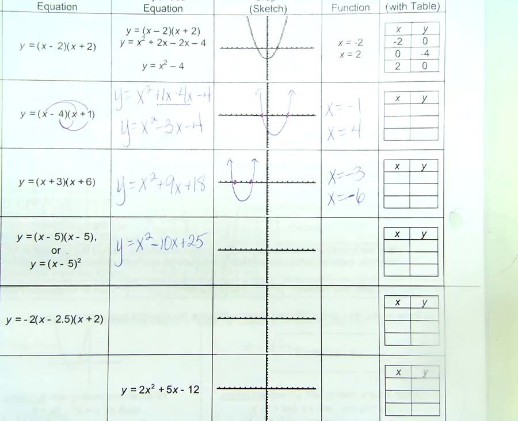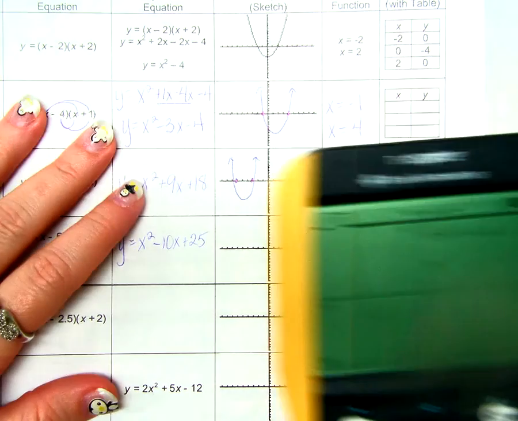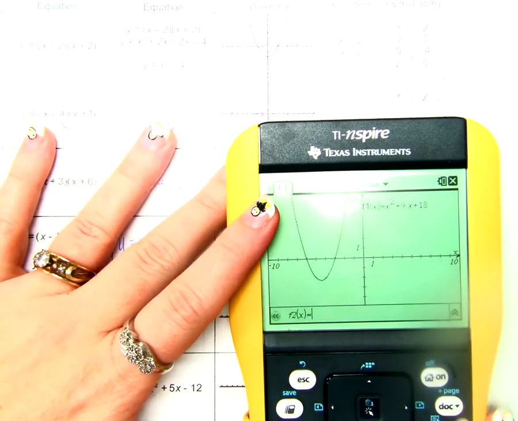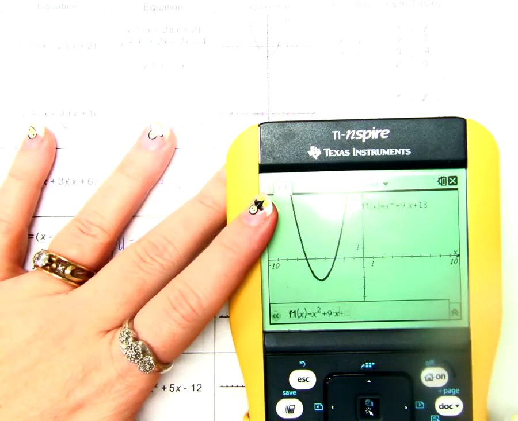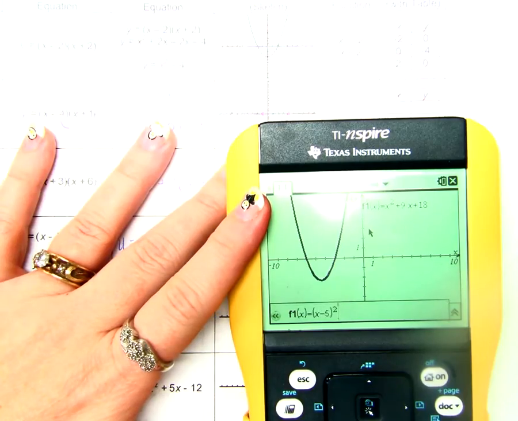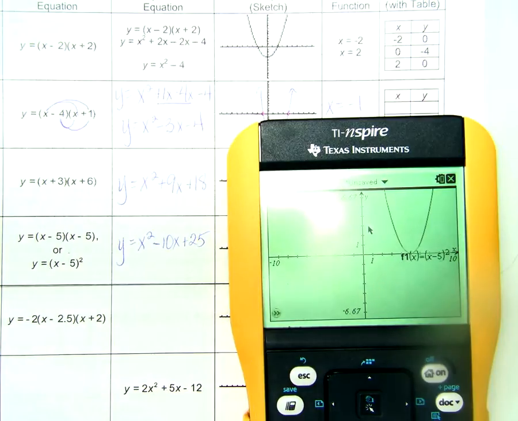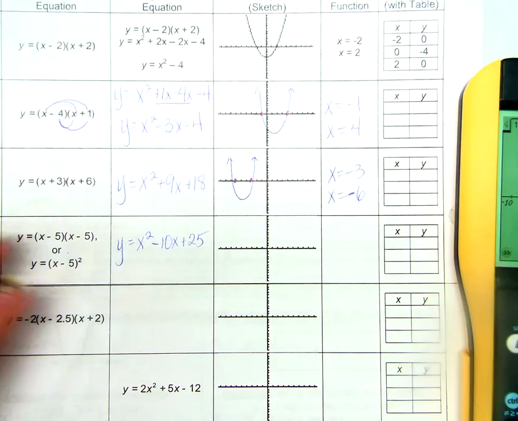How can something cross at 5 and at 5? Well, let's see. X minus 5 squared. Oh my goodness. The parabola is sitting right on top of the x-axis. And where is it touching the x-axis? At 5. Does that make sense?